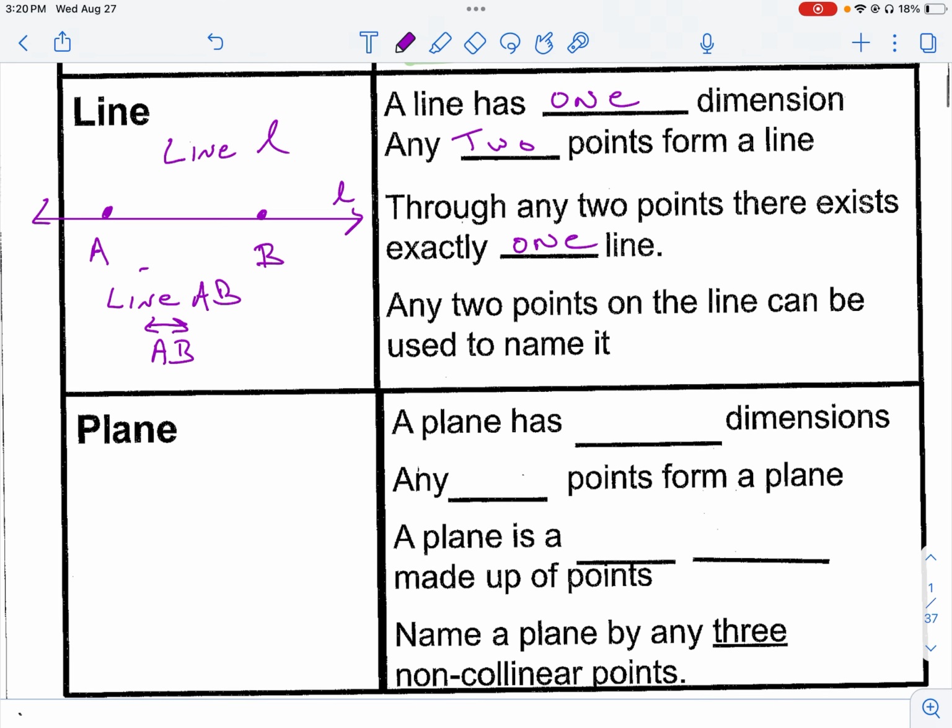Our third undefined term is plane. And if a point has zero dimension, a line has one dimension, a plane has two dimensions. And any 3 points form a plane. So we go 0, 1, 2 for how much space they take up, and we go 1, 2, 3 on the number of dots we need.